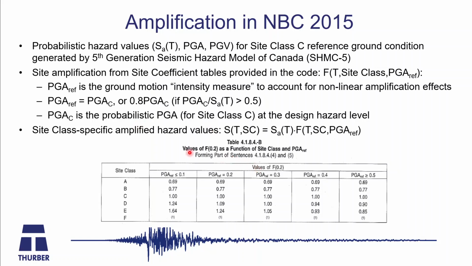Okay, so in these typical tables that we see published, you can pick off the appropriate Fa or Fv value, which is a function again of the probabilistic PGAref, and then multiply that by your Site Class C hazard value, and you get your amplified value.